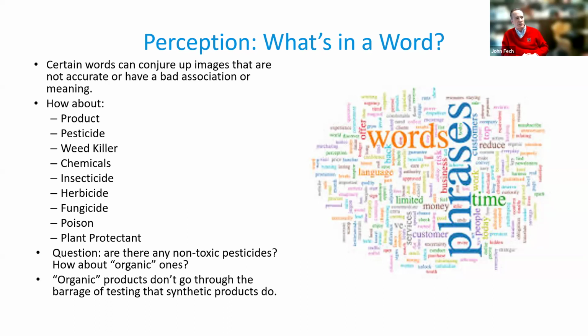The last one there, plant protectant, is an interesting term. The golf industry is probably the best example of that. It's common for golf courses to use various pesticides and or growth regulators to control undesirable effects on a golf course. So about 10 years ago, they started using some placards to label the fact that plant protectants had been applied according to label directions, just as a piece of information.